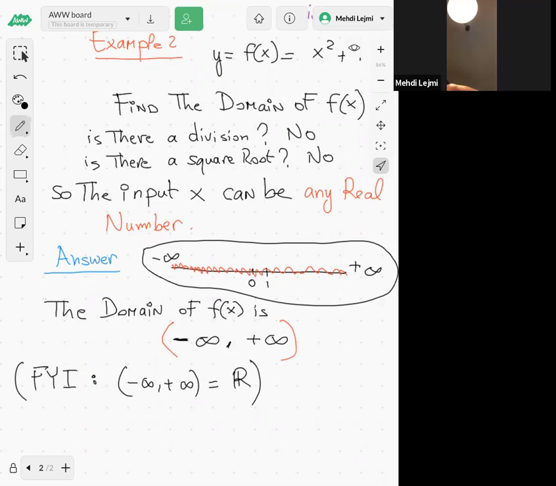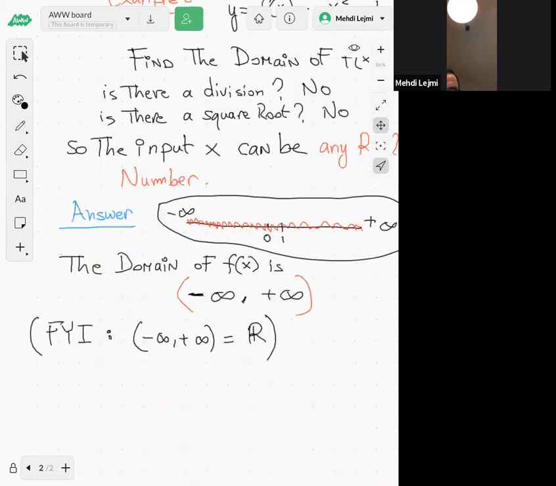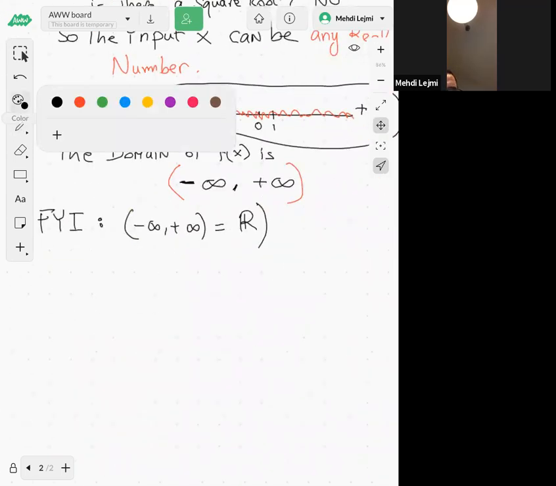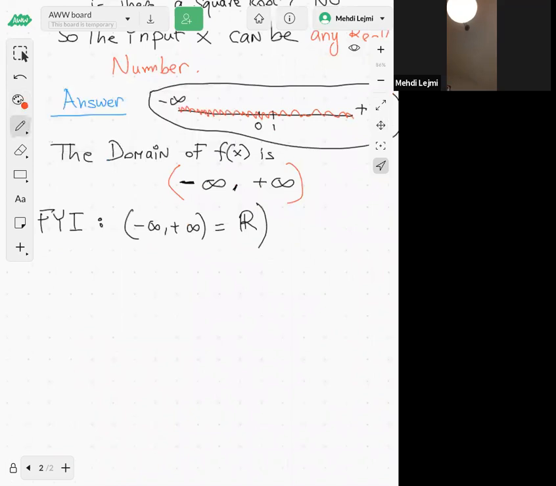Now a third example, where we're going to have a square root. Example number 3. Let's say f of x is the square root of x plus 3, minus 2.